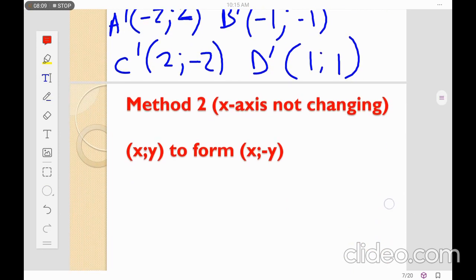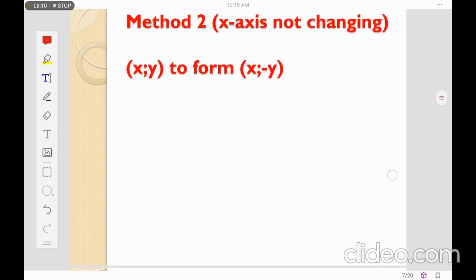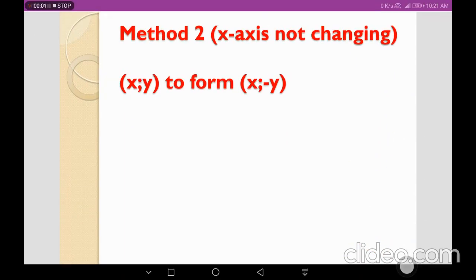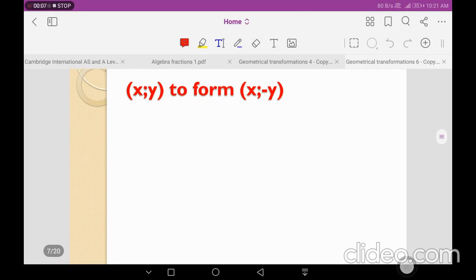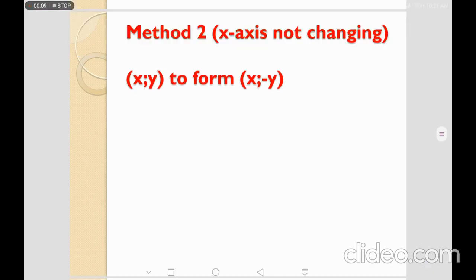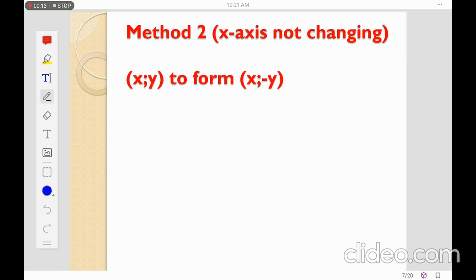Let's go to the second method. For the first one, x is not changing. So when our x is not changing, it means the x values will remain the same, but our y values are going to change, and we multiply by minus 1.